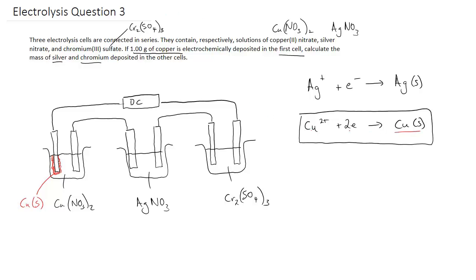The electrons have to be going that way. They have to be accumulating on the actual electrode here so that you can have the reaction of copper ions and electrons forming copper solid. Okay, so that is the reaction occurring at that location.